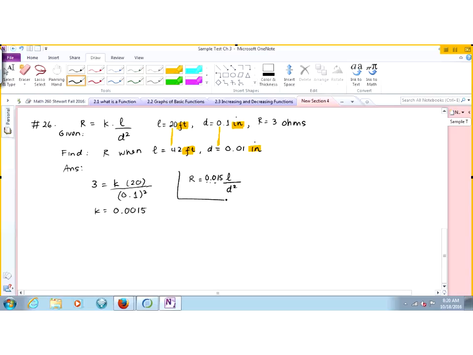So this is your equation of variation. Then what would you do after we have the equation of variation? We substitute. So R is equal to 0.0015 times 42 divided by 0.01 squared. I don't know what the answer is, but the unit is ohm.